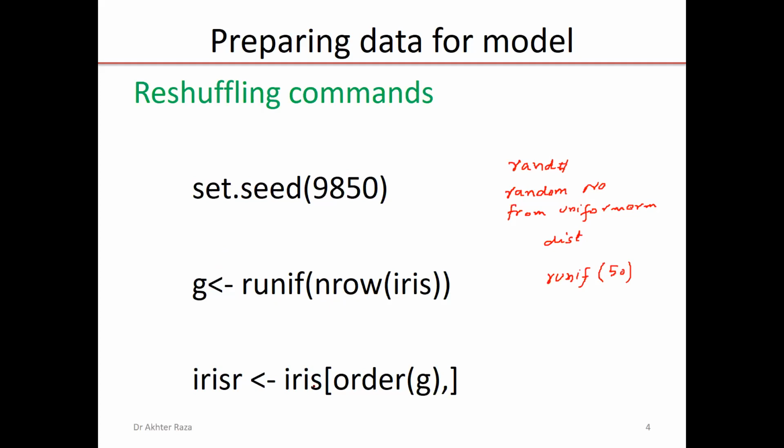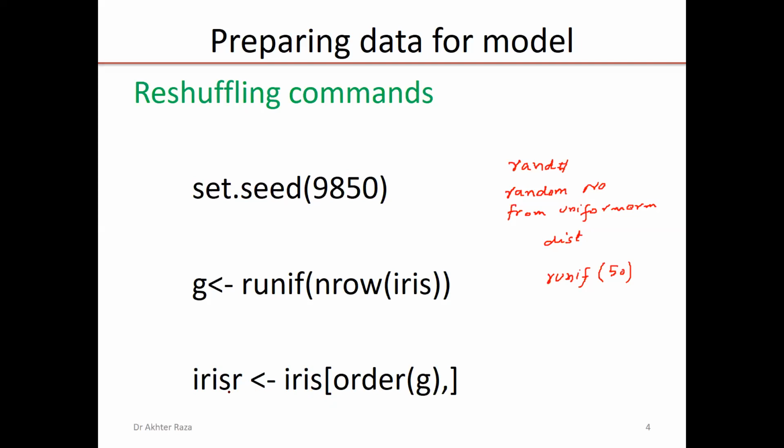Now we have to reorder. This command sorts the iris data set by the order of g. Because g contains random numbers, I want to randomly sort the iris data set.